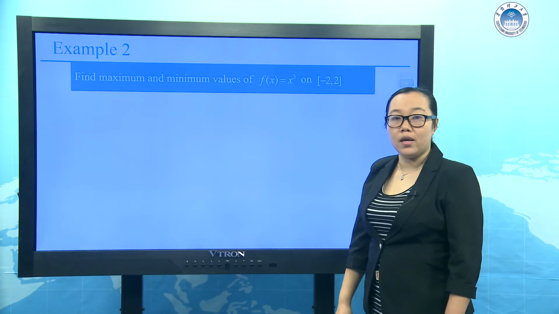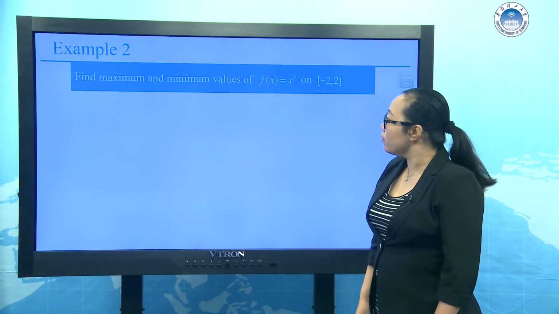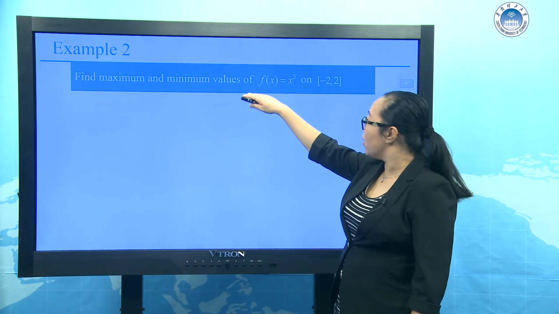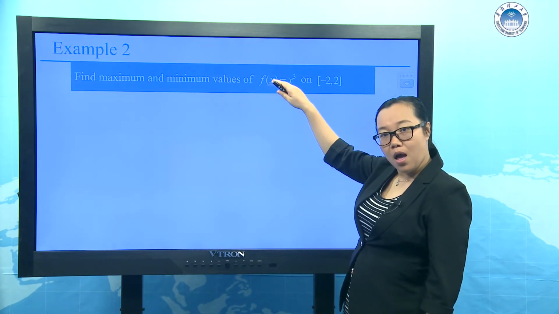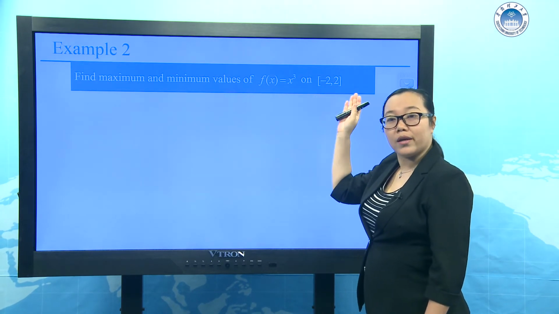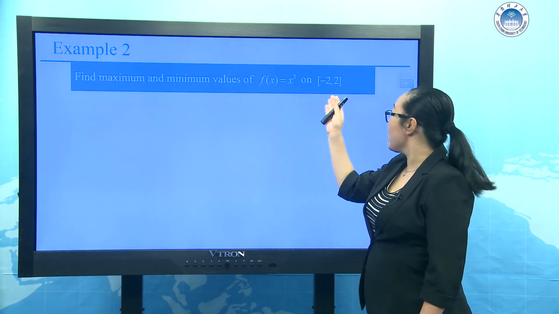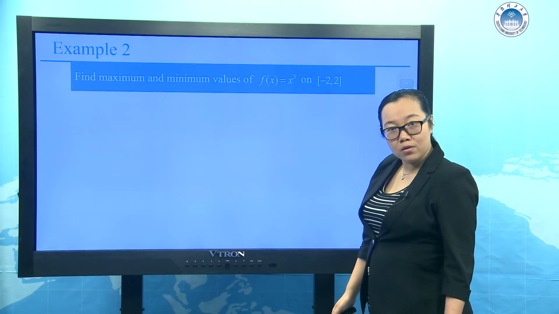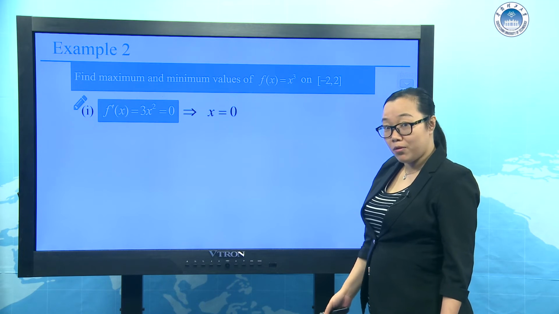Now look at example 2. Try to find the maximum and minimum values of the given function f x equals x cubed on the given domain minus 2 to 2. How to get it? Do you remember the 4 steps? Yes, I remember.